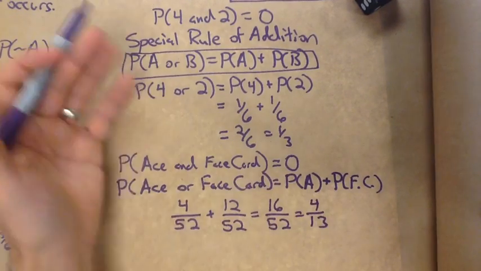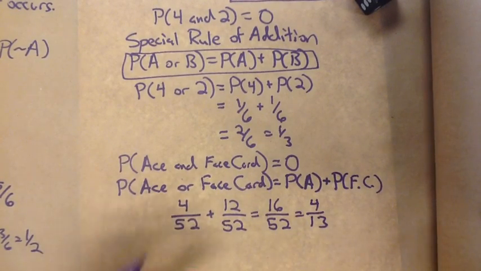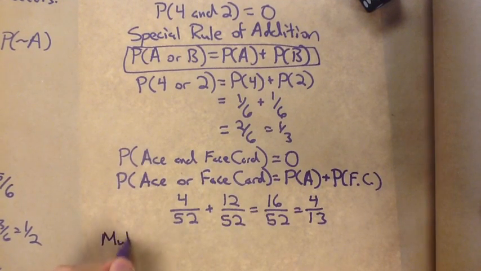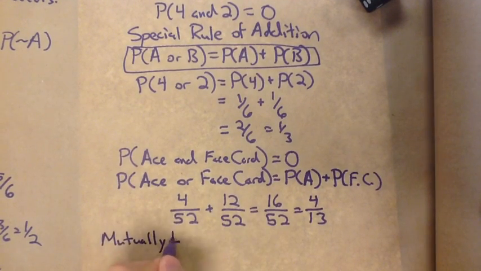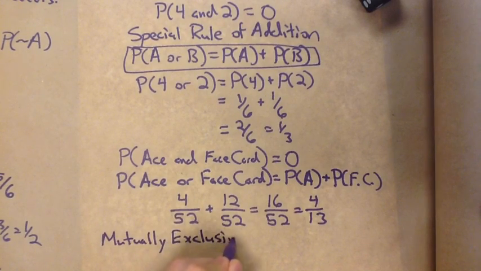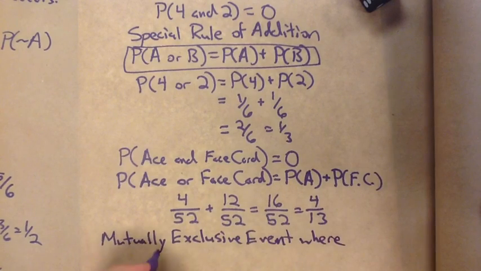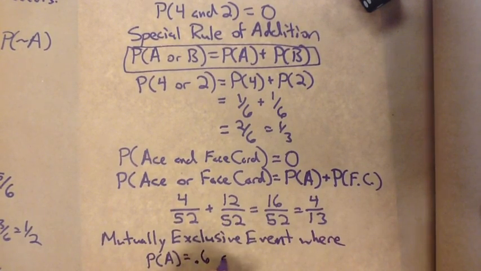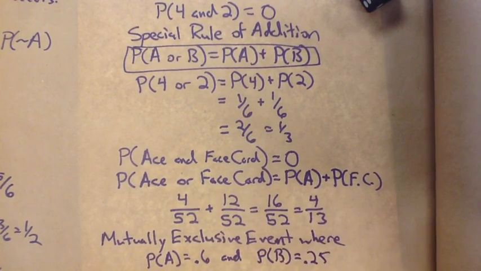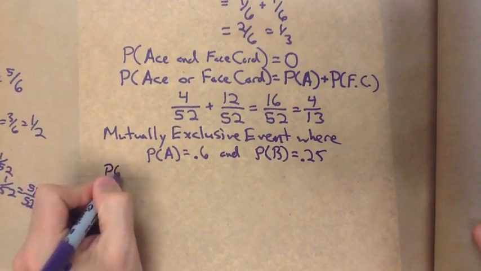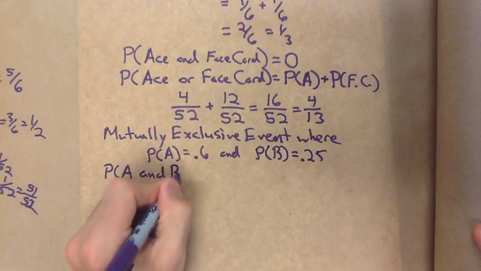Now, we may see it in terms of cards or dice, but we also may start to see it in decimal form. So let's say I had a mutually exclusive event where the probability of A was 0.6 and the probability of B was 0.25. So the probability in this case of A and B occurring.